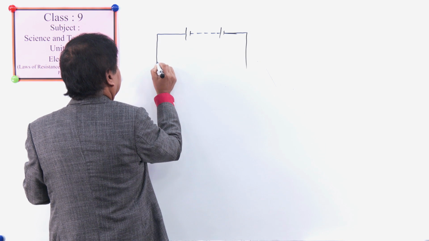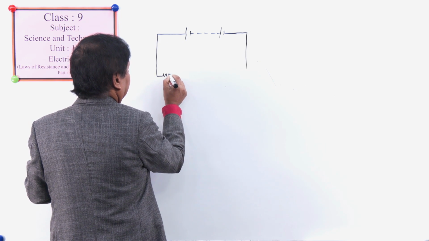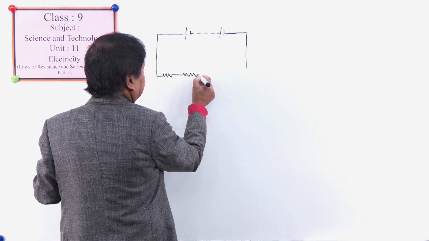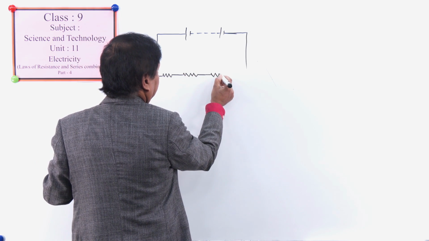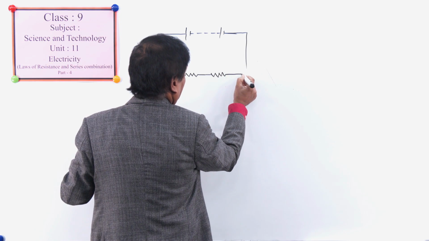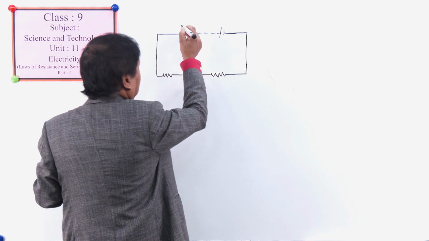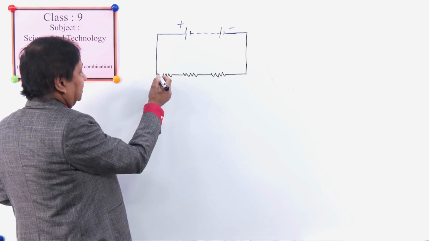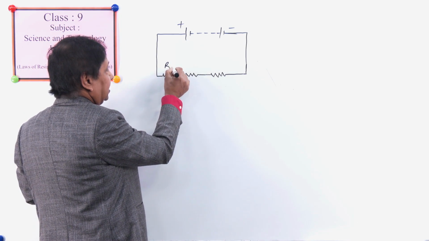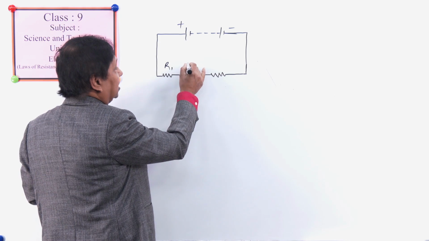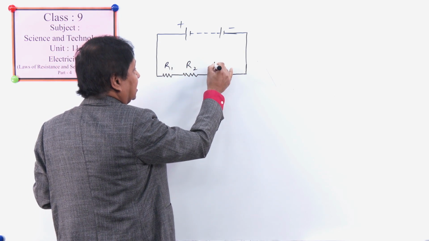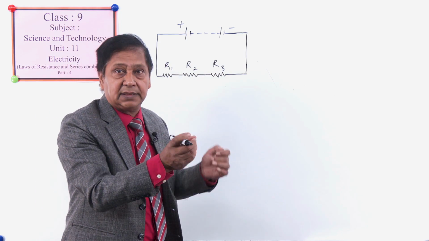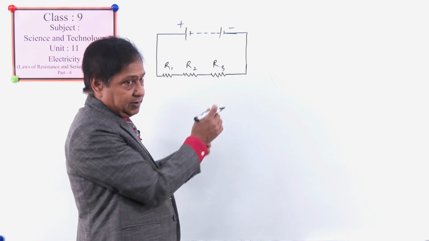If we connect resistors end to end like this, the resistance of this resistor is, let's say, R1. The resistance of this is R2. The resistance of this is R3. Because they may have different length and thickness, the resistance will be different.